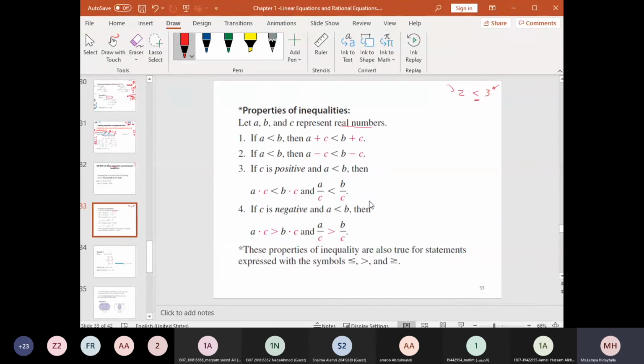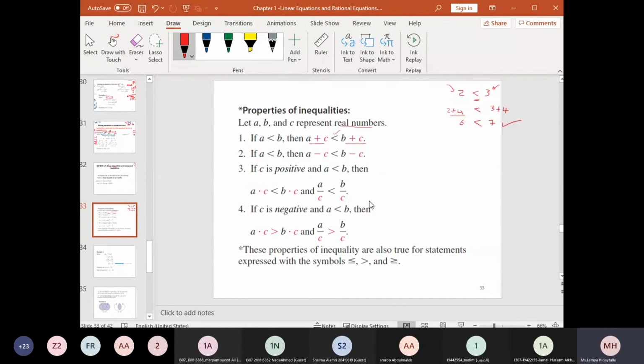If I add it here, for example 4, 2 plus 4 and here 3 plus 4, does it still hold? Yeah, 6 is less than 7, then it holds. So you can add a number from here, so still the inequality will be there. Clear?